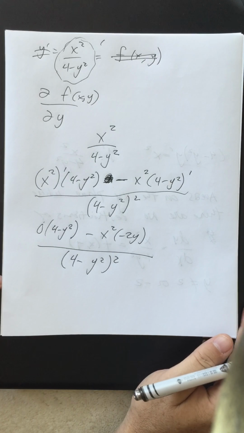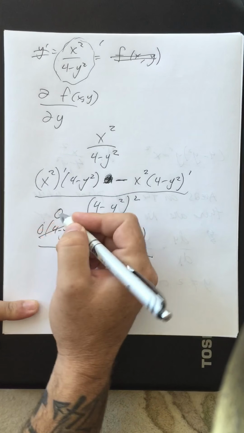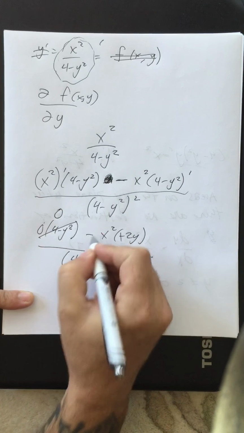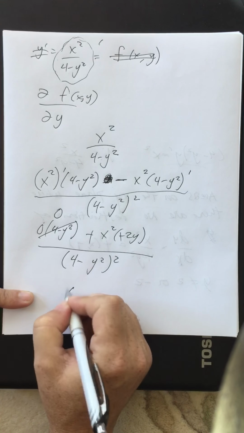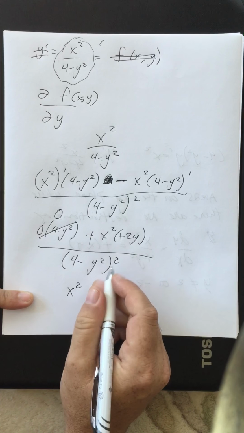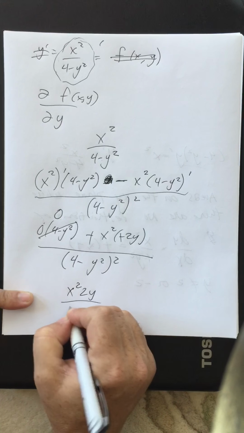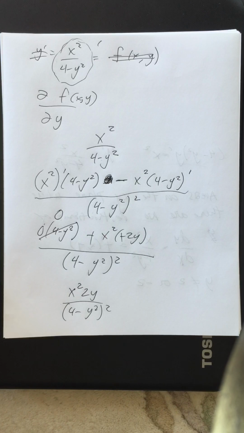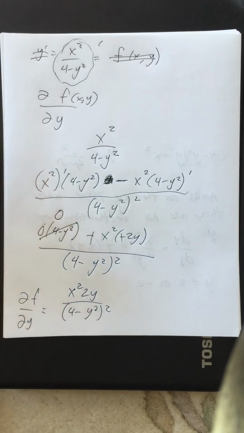Are you following along there? What's this? This is 0. These become pluses. So you got x squared times 2y over 4 minus y squared, squared. And this is partial f, partial y.